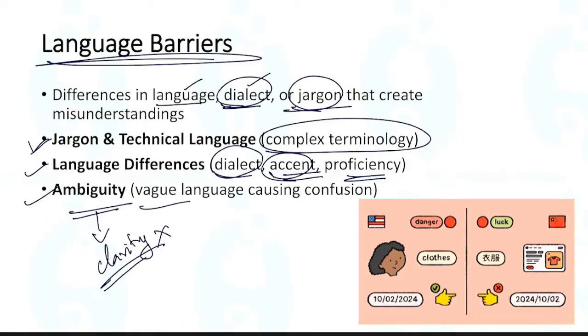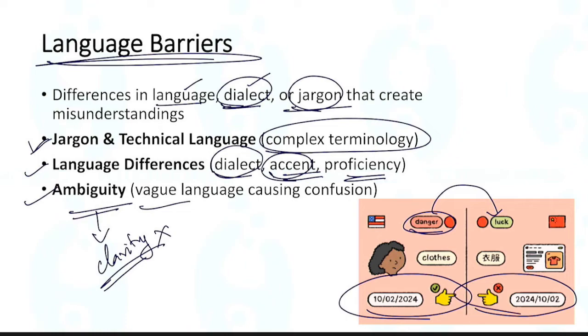Fine. So one of the language barriers, if you see in this figure, I've mentioned these two. The term danger can mean one thing in English, and in another language it can mean luck. Similarly, the format of date is different for American English and British English or Indian English.